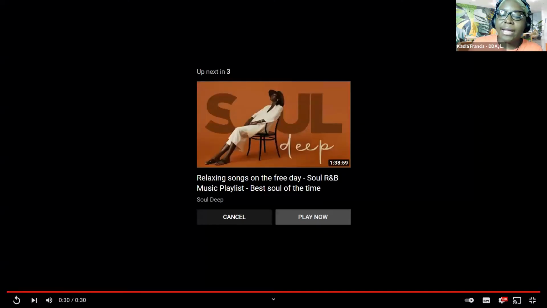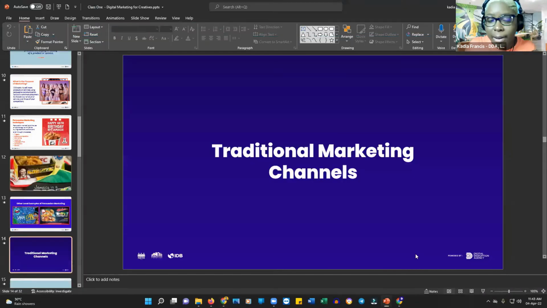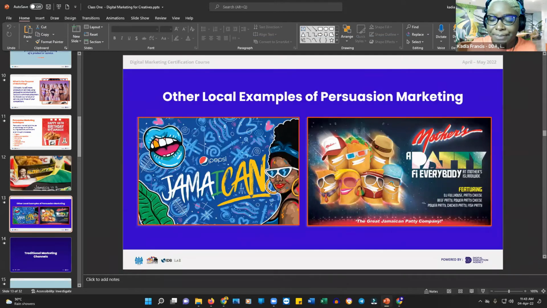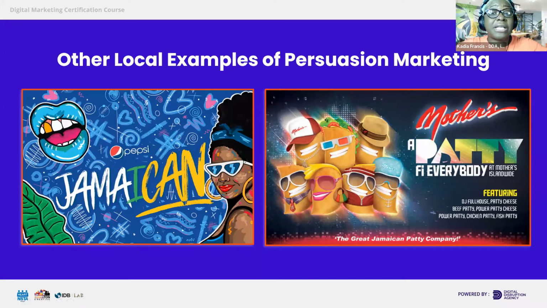Pepsi. All right, you guys remember that Pepsi commercial? That's how Pepsi has been marketing themselves in Jamaica, because they know they're an international brand, and when you're an international brand coming into a new market, especially when the cultures are different, you have to make sure that you're not seen as an invader or interloper in that space, but you want to assimilate in the space as best as possible.